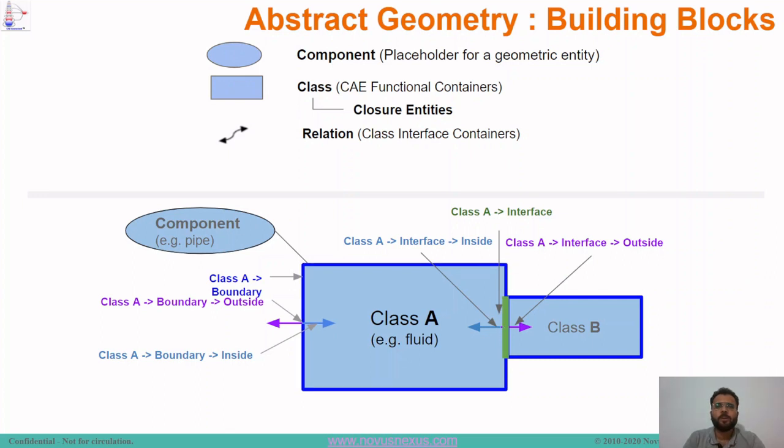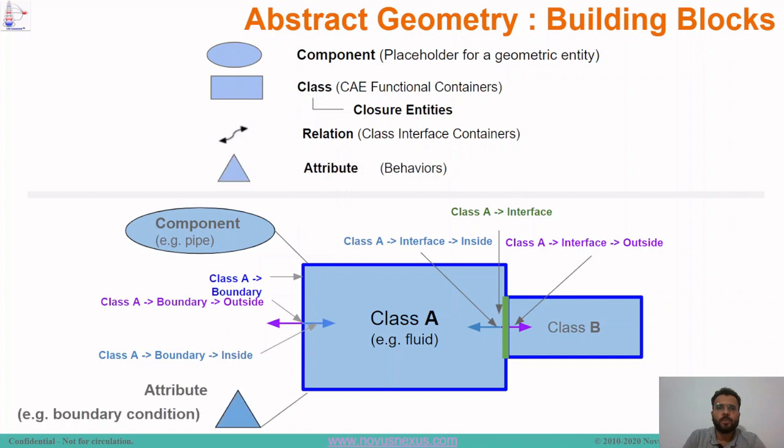The last building block is attribute. The attributes are behaviors that the user attaches to an abstract class or its closure entities. For example, a wall boundary condition can be attached to the boundary of fluid.